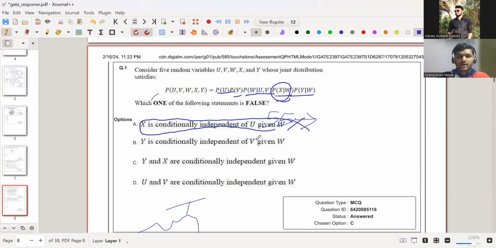Similarly, you check Y is conditionally independent of V given W, which is also correct. And U and V are conditionally independent given W, which is incorrect. So here the answer is C, that is Y and X are conditionally independent given W. So we proceed to the next.